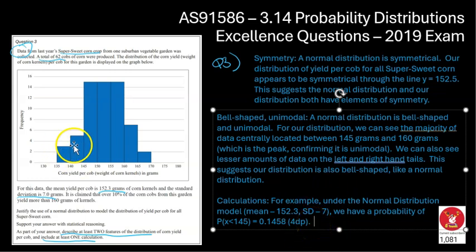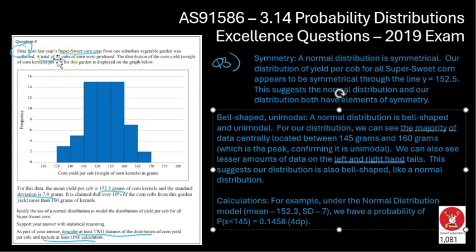I now want to check, using the actual data, what would the distribution come up with? So we can see here, this first bar in our bar graph has 3, and the second bar has 5. So that means there's a total of 8 corn that were less than 145. And that was 8 out of 62.